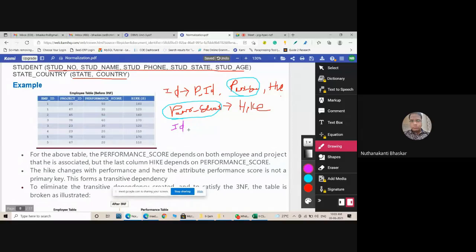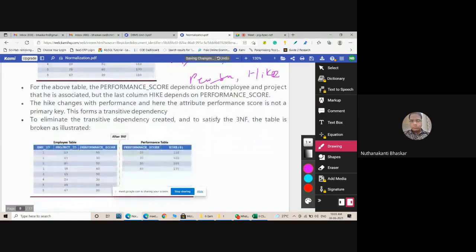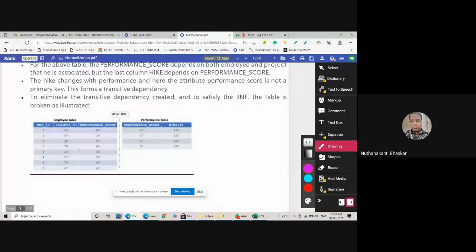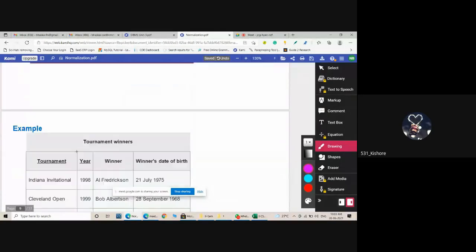Employee ID and project ID and performance score in one table, performance score and hike in another table. Clear this? Understood everyone? Yes, sir.